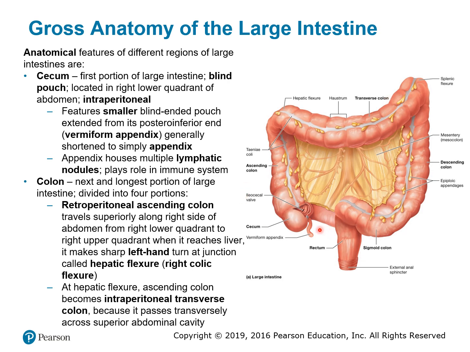And then it features a smaller ended pouch, which is posterior. We're going to call it the vermiform appendix, or for short, appendix, and it will be this part right here. A lot of people say that it doesn't really have a function, but it does. It has lymphatic nodes that are going to help the immune system.